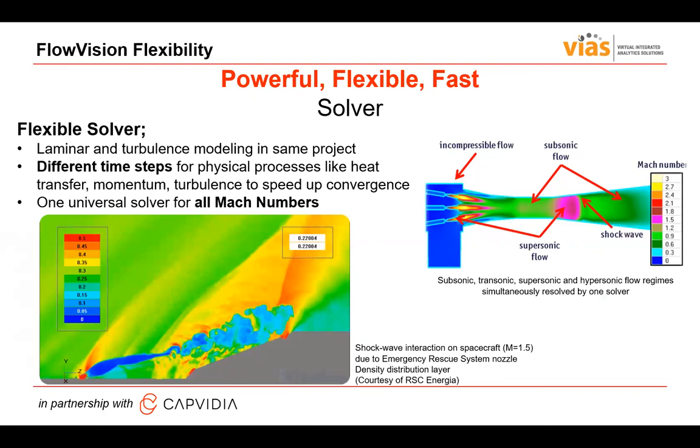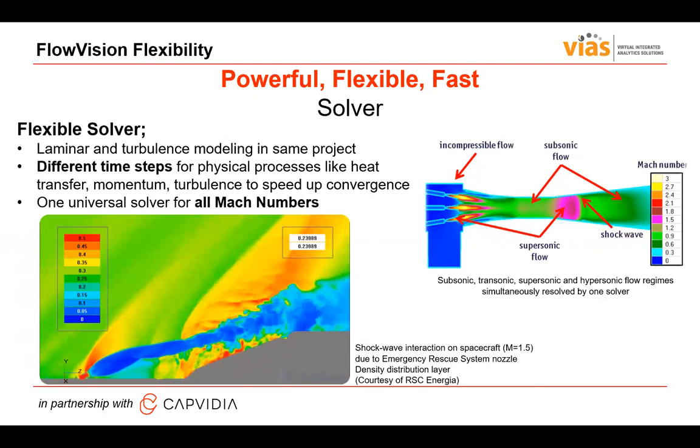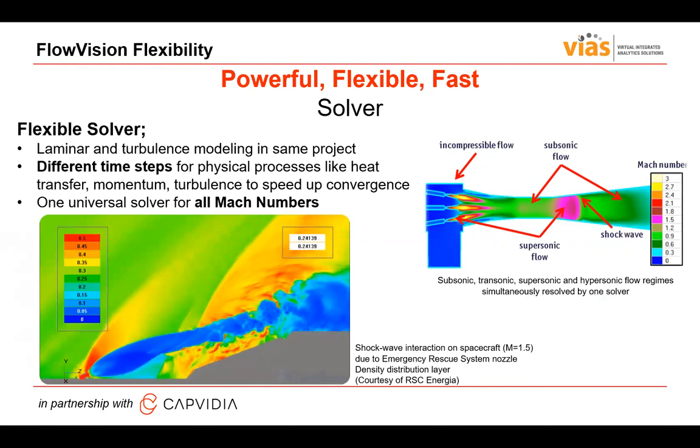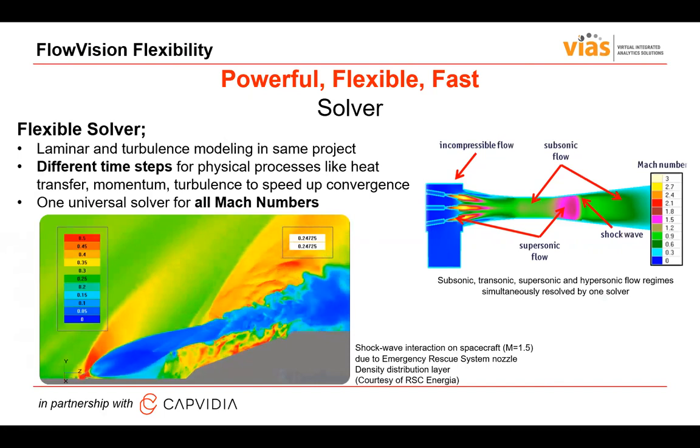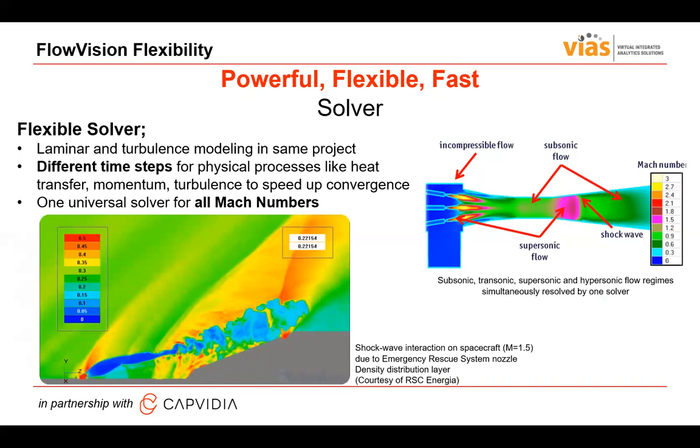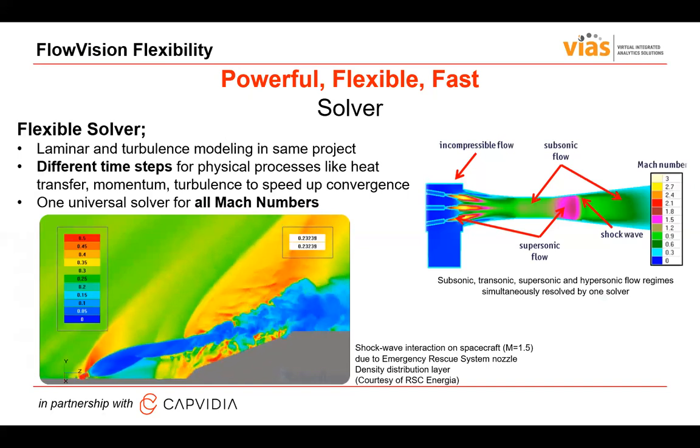And then I think a very nice helper, a convergence booster, is the capability to define and assign different time steps for different physical processes, such as heat transfer, momentum, turbulence. And this is a capability which allows you to significantly speed up your convergence.